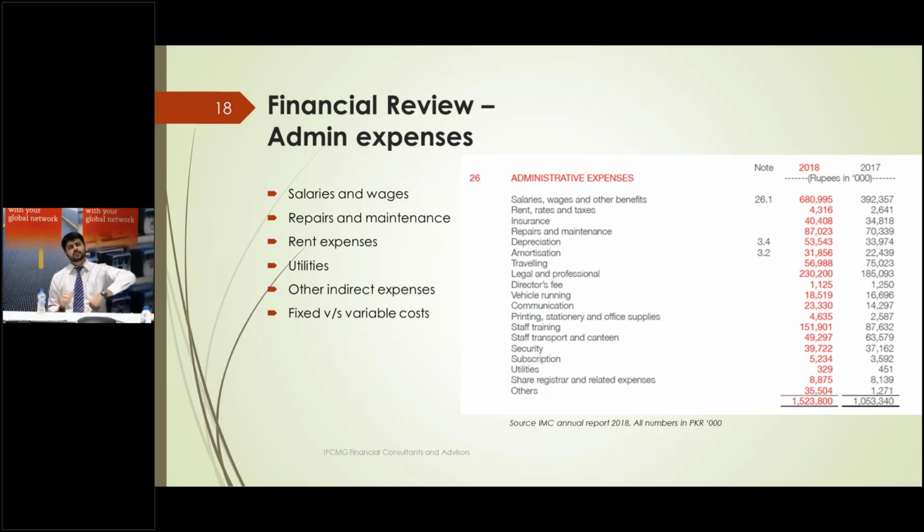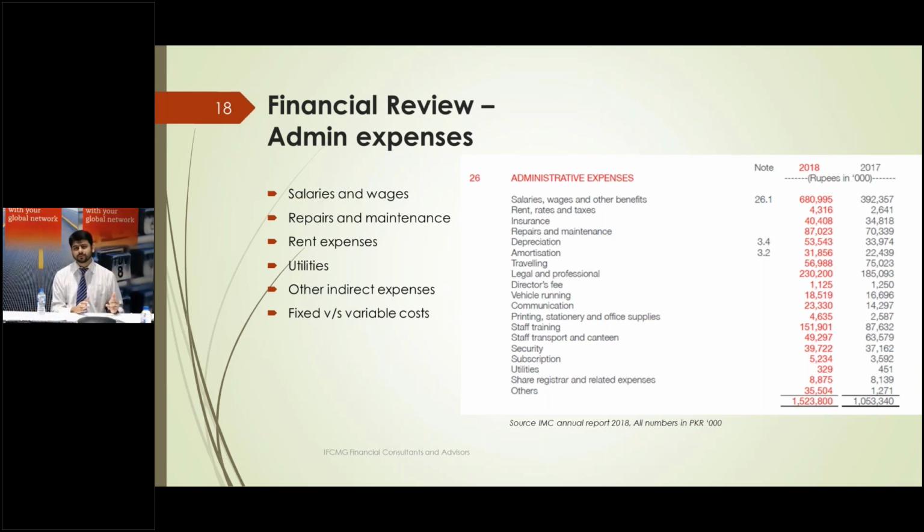Other expenses that are commonly allocated include rent expenses, other utility expenses, and salaries and wages. And the key element that we need to consider here, as in cost of sales again, is the fixed and variable component of our expenses. This comes in most commonly in utilities, rent, and salaries and wages. We have some direct labor costs, which are usually direct, with some fixed and some variable component.